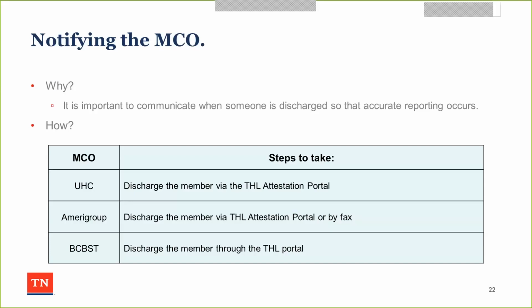So another question that we sometimes get is the importance of notifying the MCO, and you mentioned just briefly, so that accurate reporting occurs. Thing to be mindful of is, with the outcome reports and part of the financial side of this program, members that are discharged are removed from the performance panel once they've been discharged.